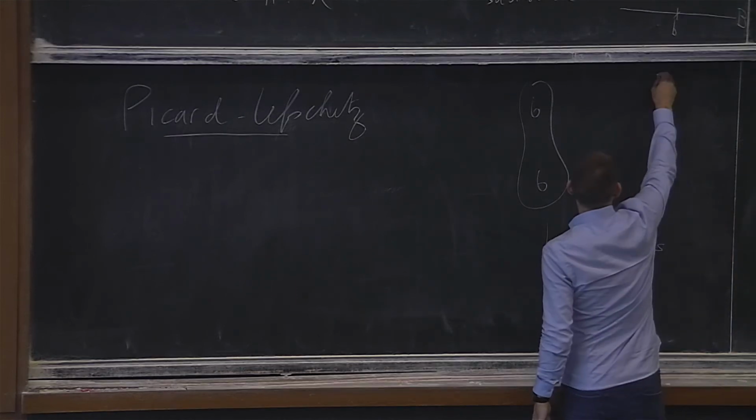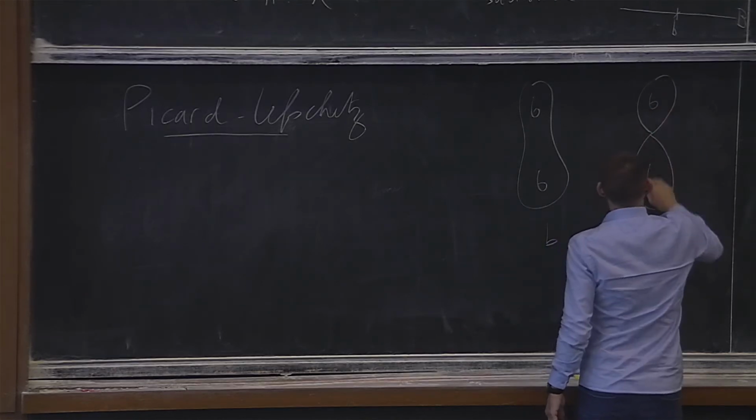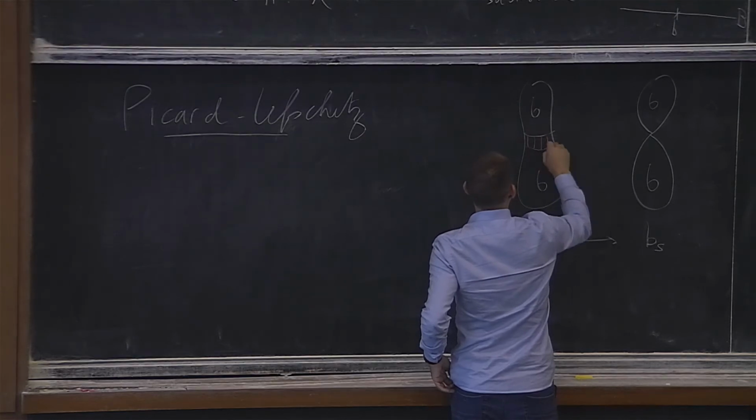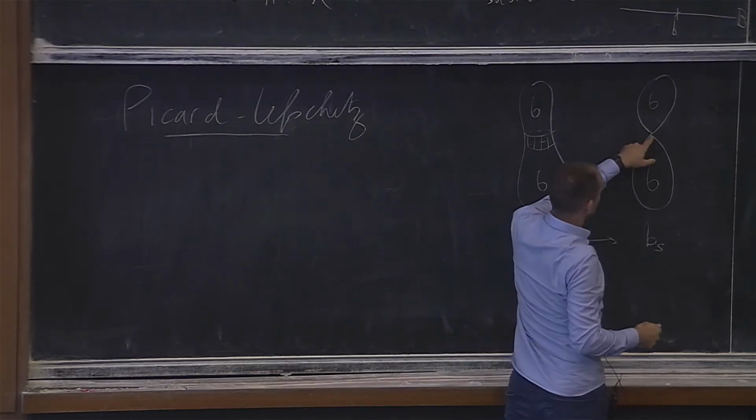What we get is a singular curve, and the picture is like that. You have a certain annulus here on the smooth curve, which is going to shrink to a point here.